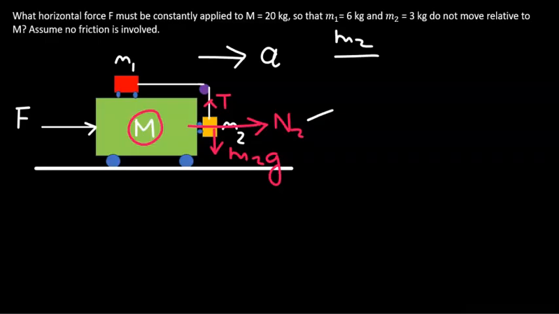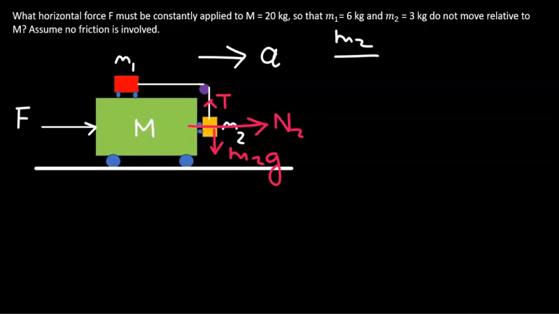The origin of N2 is that M2 is pressing on M on the side and therefore exerting a certain force on M, so M in return will press against M2, and N2 is that force. It's like an action-reaction pair.